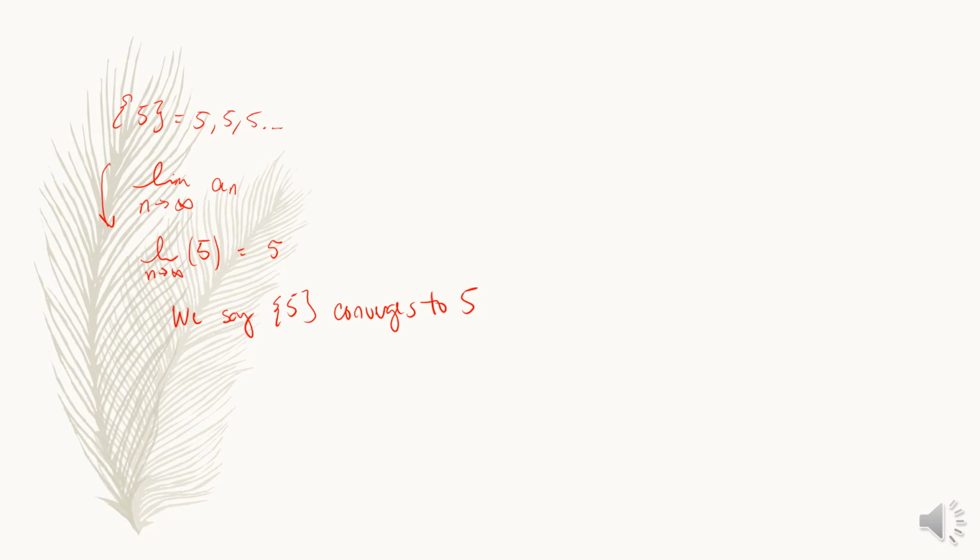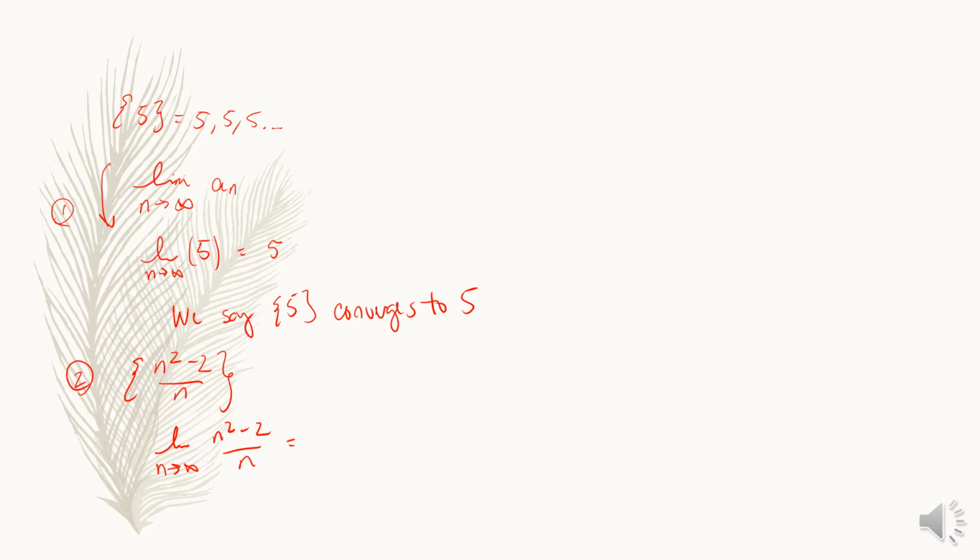So let me give you an example of a sequence that does not converge. So let's look at n squared minus 2 over n. So we'll call this one example 1, we'll call this one example 2. Does this converge? And if it does converge, what does it converge to? So we're going to do the limit as n approaches infinity of n squared minus 2 over n.